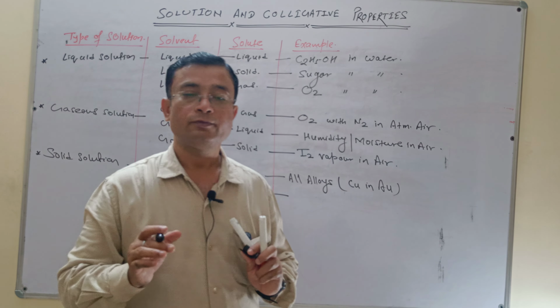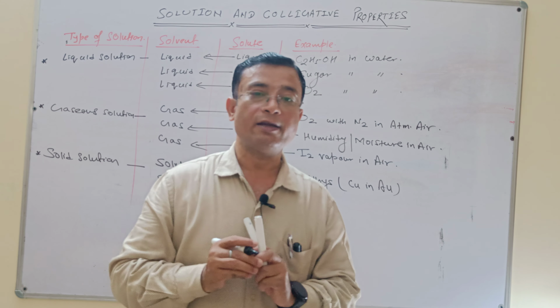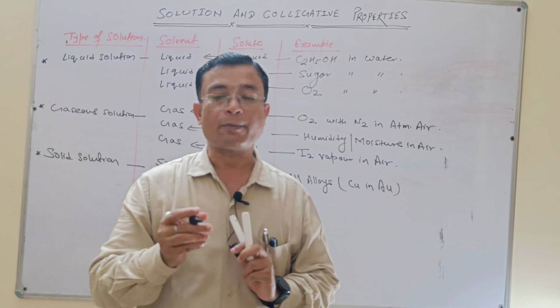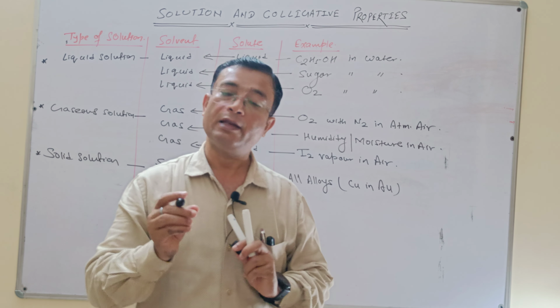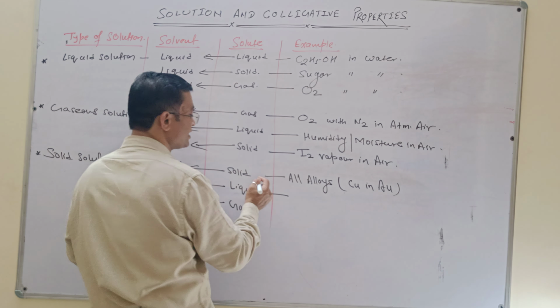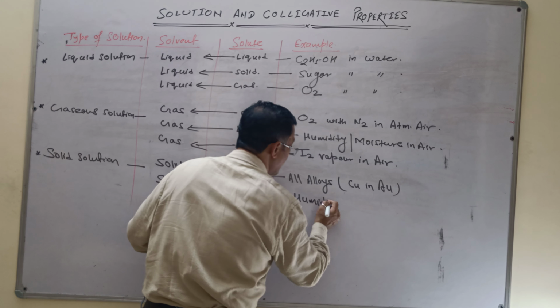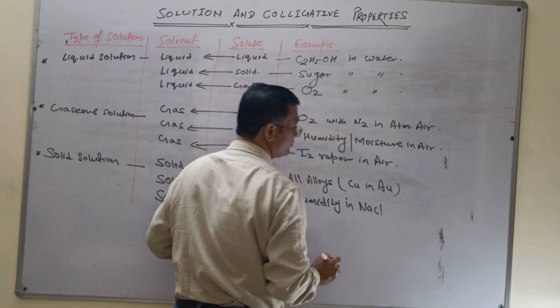Pure NaCl is not of such nature. It is due to the presence of some impurities like magnesium chloride, magnesium sulfate, sodium sulfate. Then we can say here humidity, that is the moisture in NaCl.